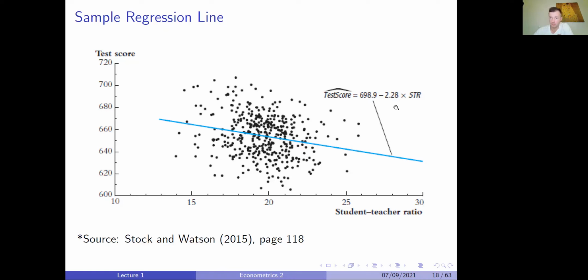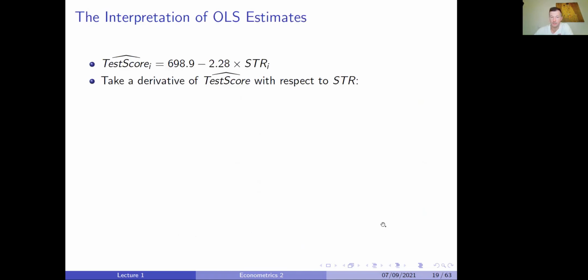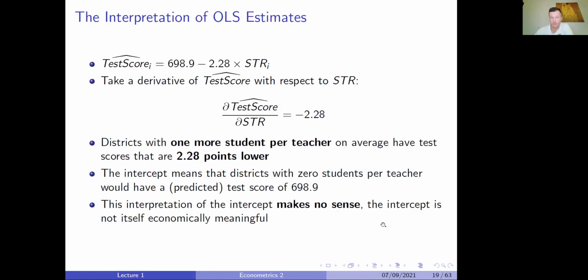So this relationship is only relevant for the observed range from 13 to 27 students per teacher. Once again, the straightforward interpretation of the intercept makes no sense because we do not observe this in the data.